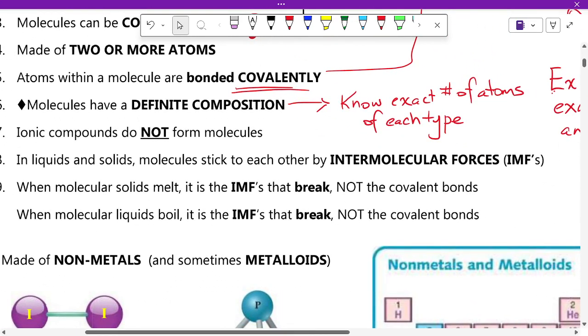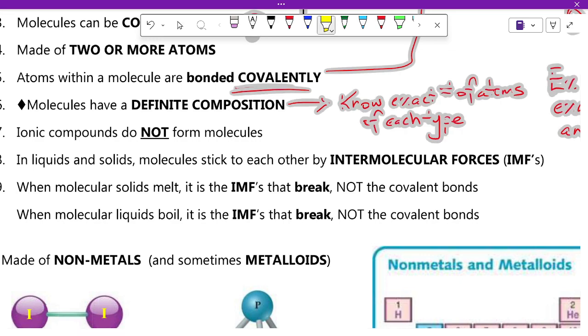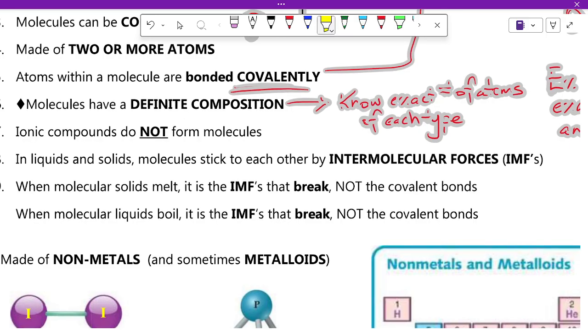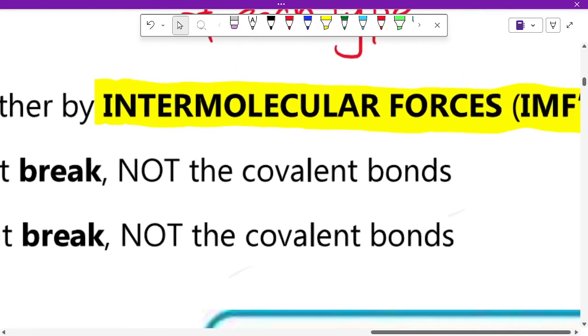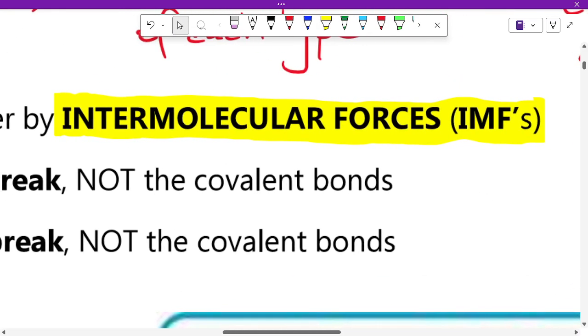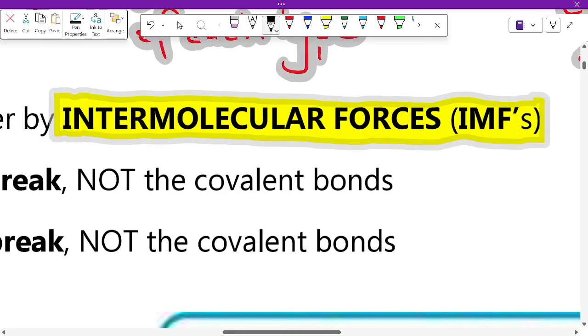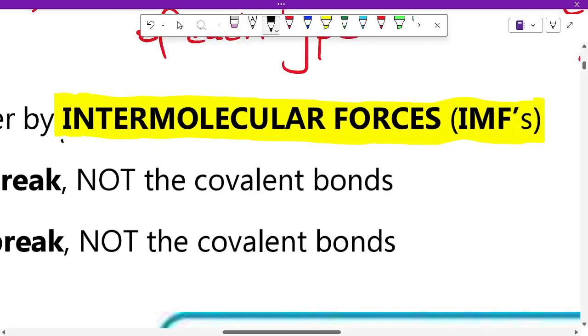Here is a new one. In liquids and solids, molecules stick together by these things called intermolecular forces. Do you guys remember what the prefix inter means?